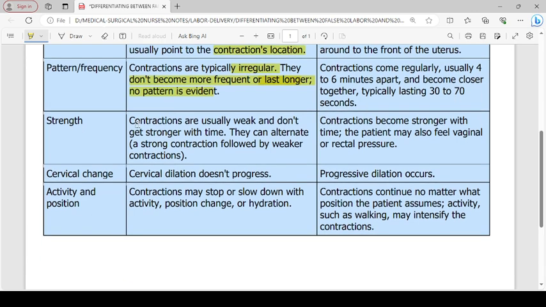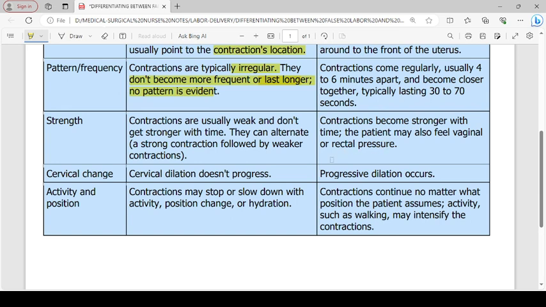In terms of strength, contractions in false labor are usually weak and don't get stronger with time. They can alternate where we have a strong contraction followed by a weaker contraction. Whereas contractions in early labor are stronger with time, and the patient may feel vaginal or rectal pressure.